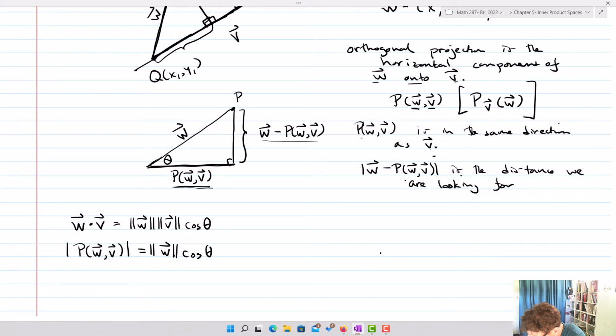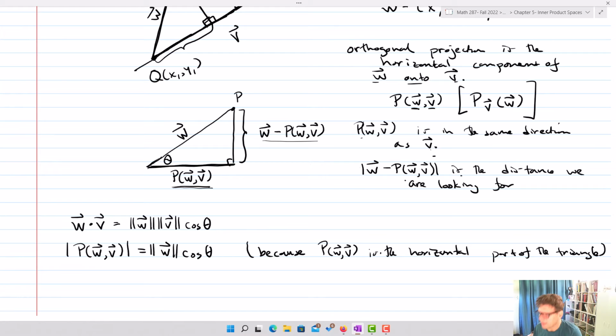That's because P of WV is the horizontal part of that triangle. If you think back to your trig, if we take the length of the hypotenuse and multiply it by cosine theta, we get the length of the horizontal part.